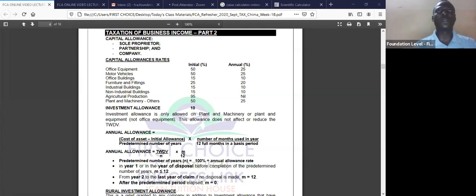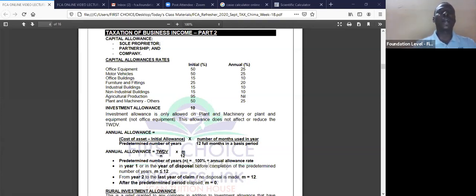That is a problem, because if it is not cleared up, you'll be tempted to charge it twice, once in the first period and again in the second period, just because in assessable profits we did it twice, but in capital allowance we don't do it twice.